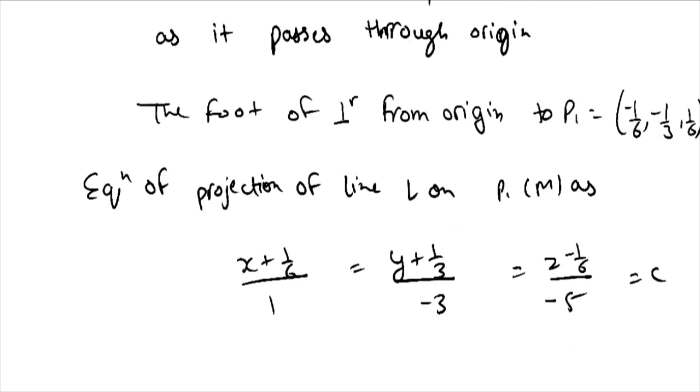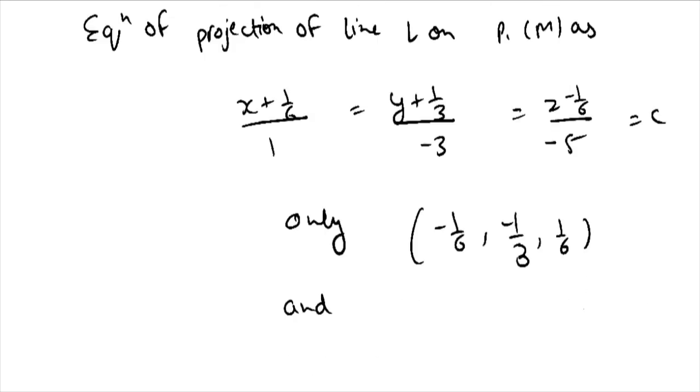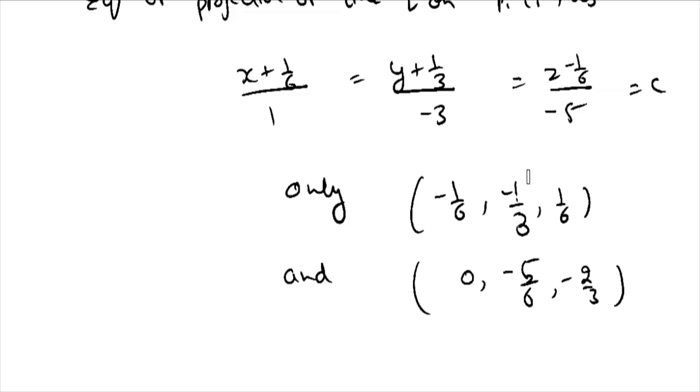Now put this value as equal to c. Now here, for the options given, only point minus 1 by 6, comma, minus 1 by 3, comma, 1 by 6 and the point 0, comma, minus 5 by 6, comma, minus 2 by 3 satisfy the equation of a line of the projection M. So from here we can say that these two points are our final answer.